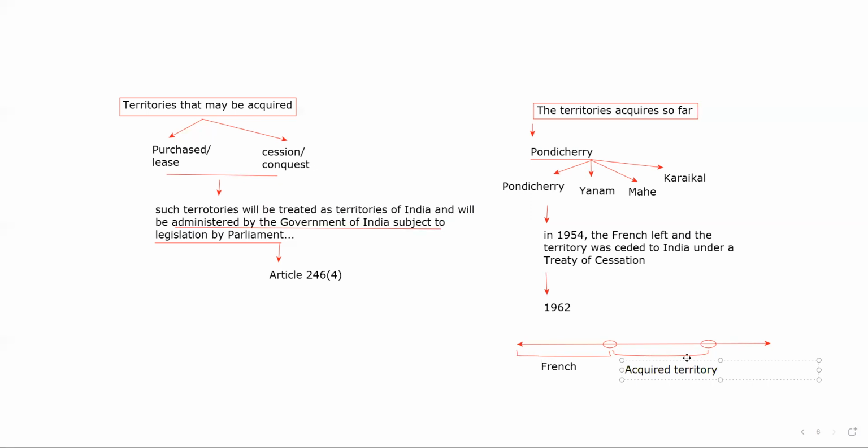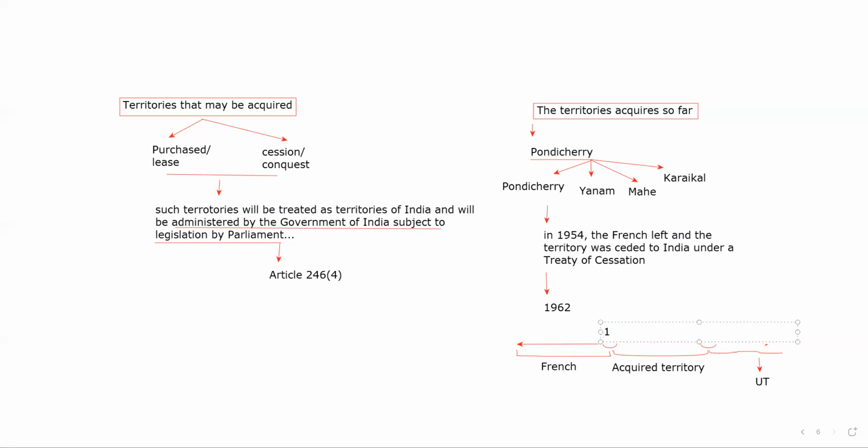And from 1962 onwards, it is the Union territory of India. It is treated as the UT of India. Let me write the years here.